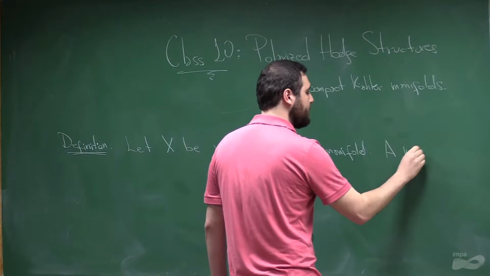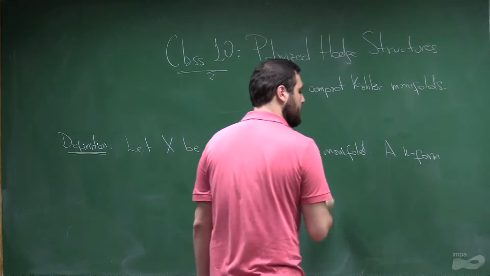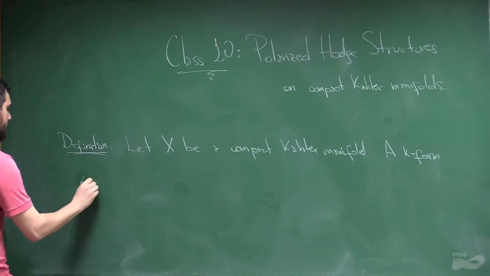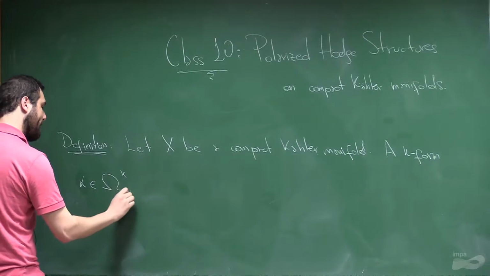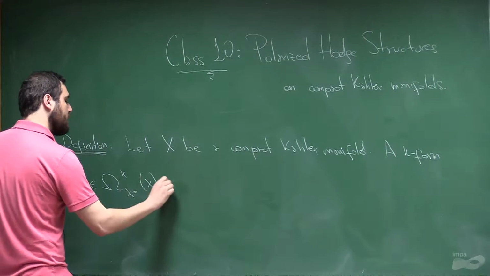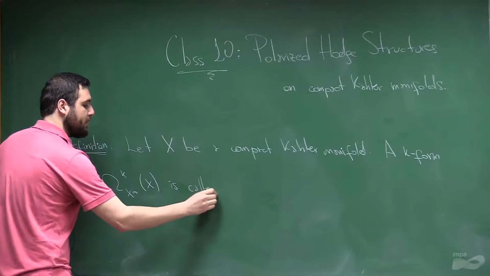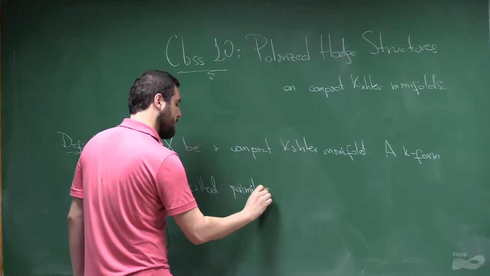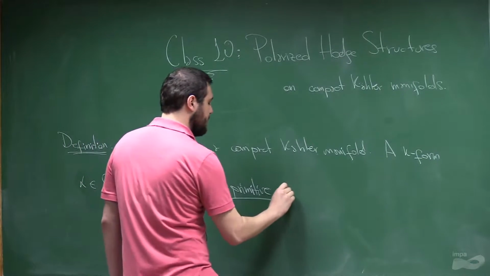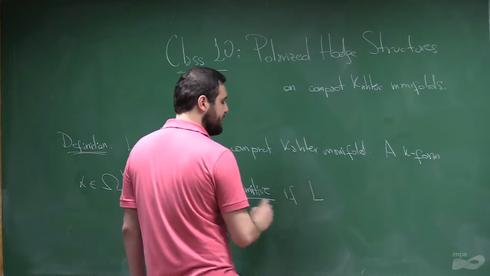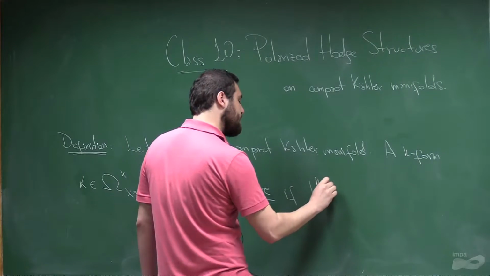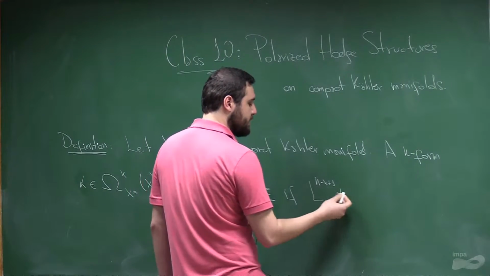A k-form alpha is called primitive if the Lefschetz operator applied n minus k plus 1 times vanishes on alpha.